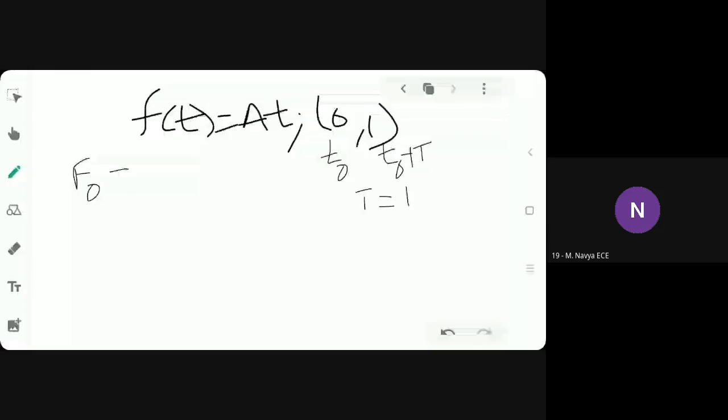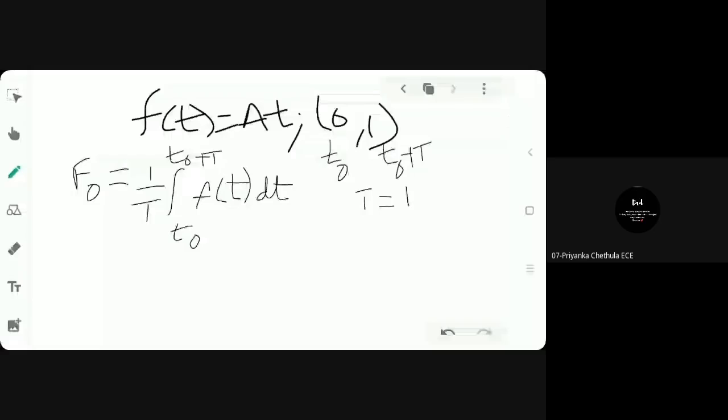F naught is 1 by T integral from T naught to T naught plus capital T of f of t dt.